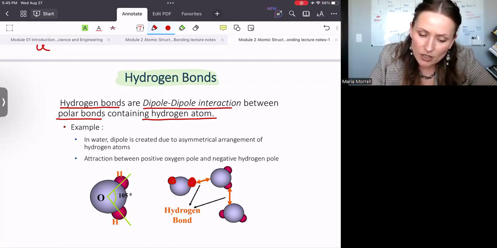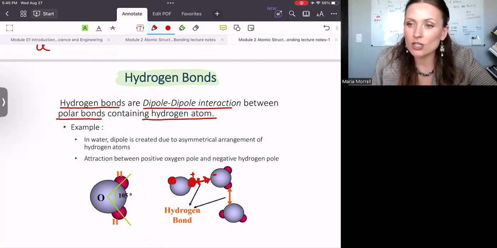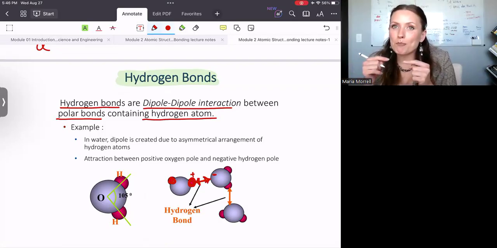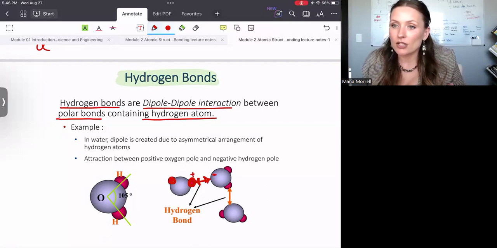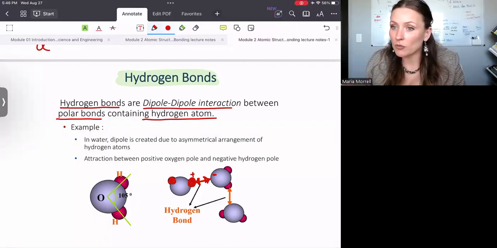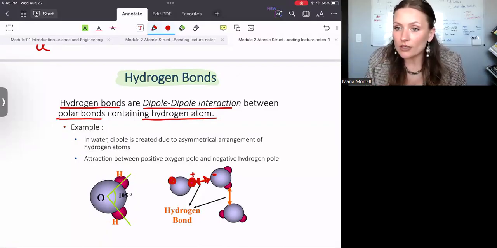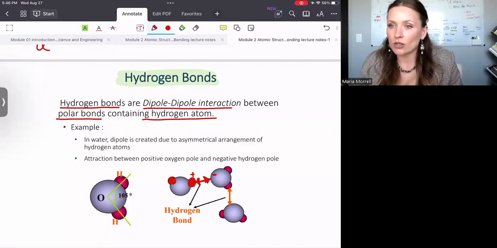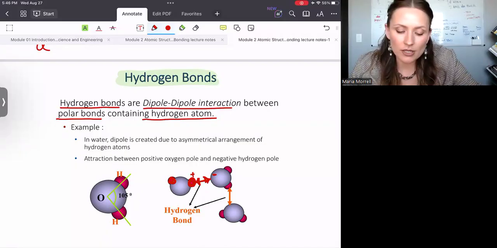Oh, I just saw that I have a mistake. This is your positive, this is your negative. Because of this electrostatic interaction, you have these permanent dipoles, and they exist everywhere. So if I am to evaporate the water, I need to break down that bond. And that's why I have to supply a lot more energy to water than to hexane or other compounds.